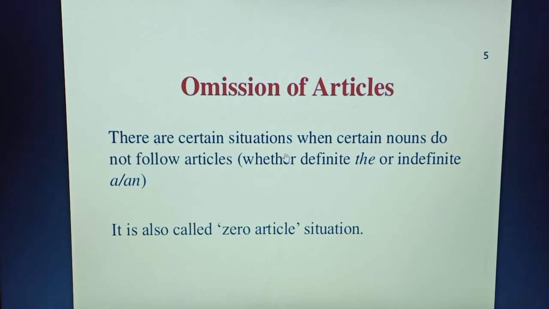The third point is before the names of vehicles, like bus, train, we do not use any article. Fourth is before proper nouns. Proper nouns mean names of persons, countries, towns, universities, days of the week, or the names of months like January, March, etc. We never use an article.